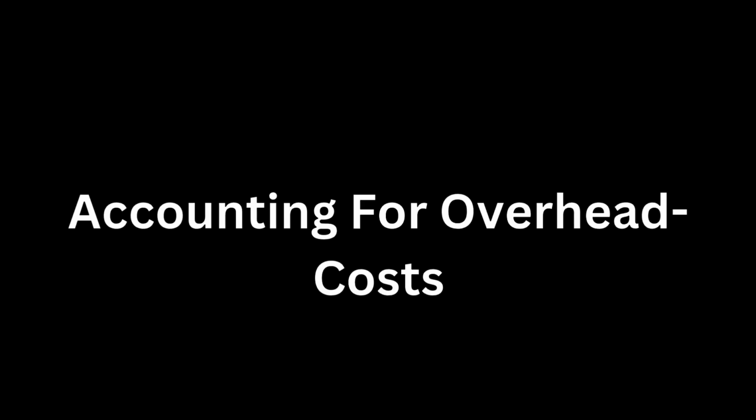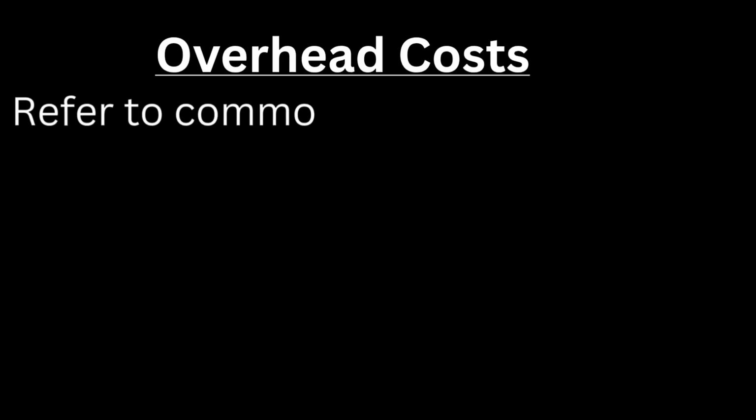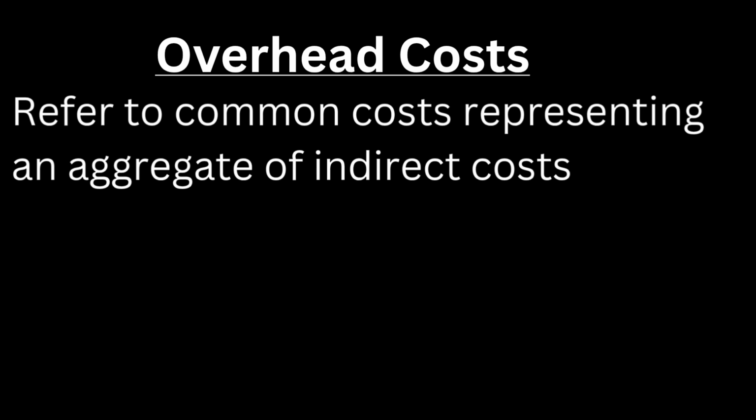This is Martin, and today we are going to look at overhead costs accounting, or rather, you can call it accounting for overhead costs. So, without wasting time, I think we can define what overhead costs are. These are common costs representing an aggregate of indirect costs.